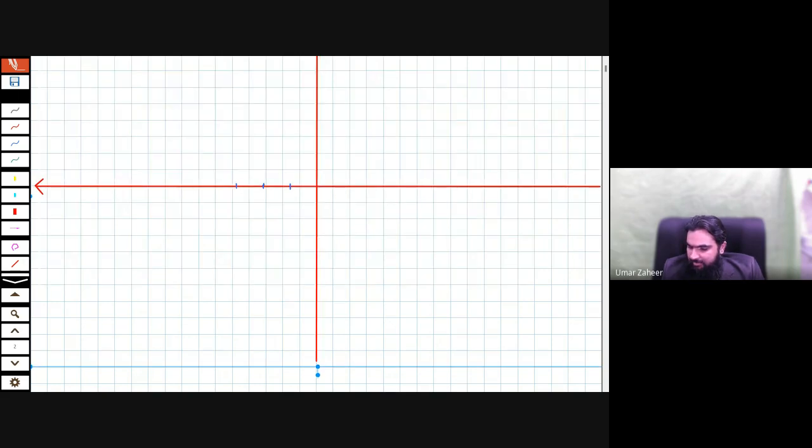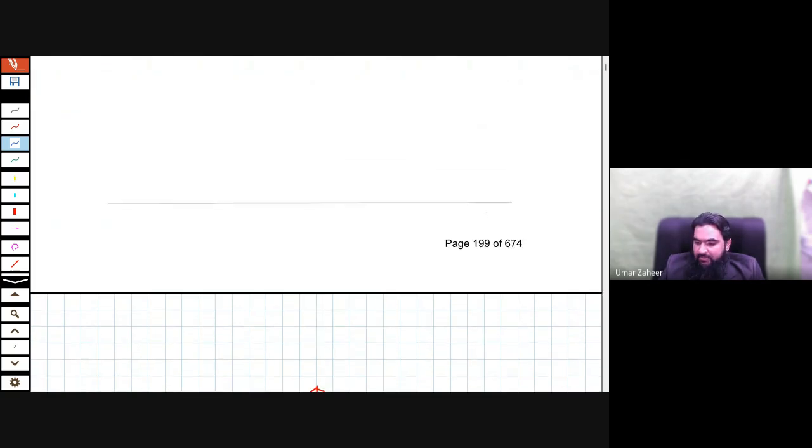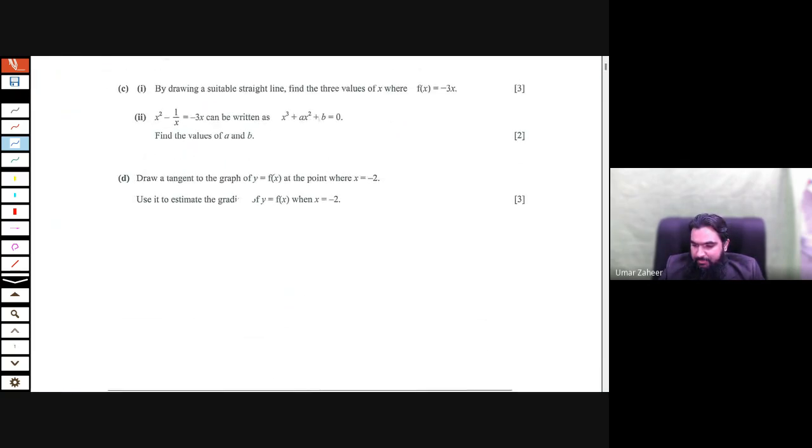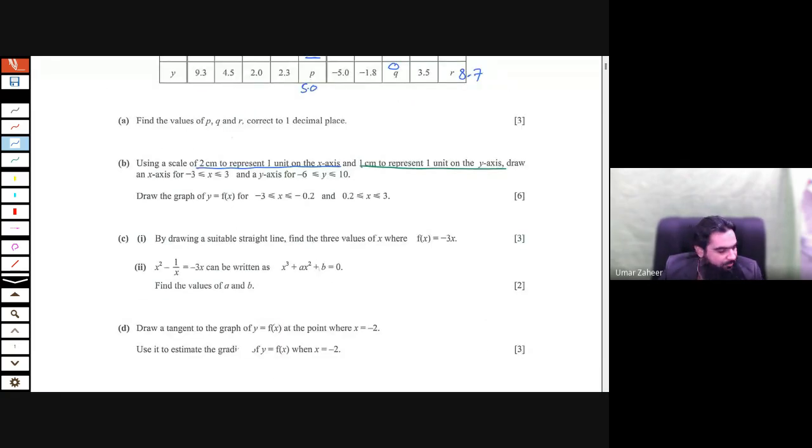All right, that's good. Okay, so 2 centimeters make 1 unit. So 1, 2, 3, minus 1, minus 2, minus 3, and here we have plus 1, plus 2, plus 3. Yes, I know it is clear. We are using this information: he says that 2 centimeters make 1 unit.